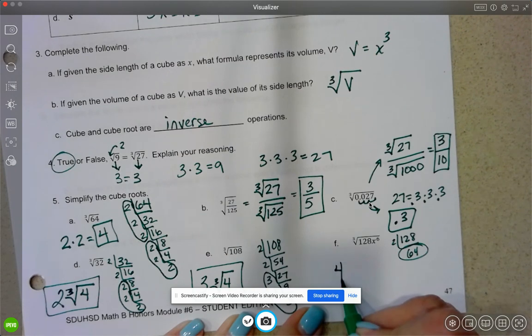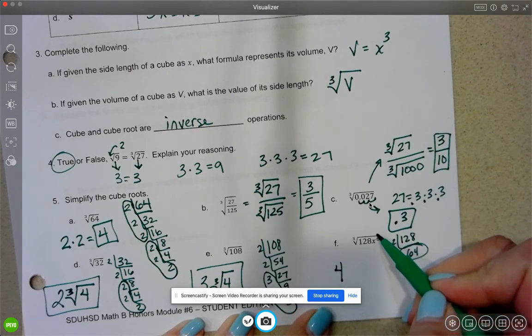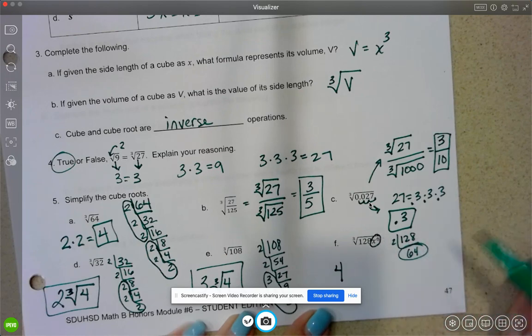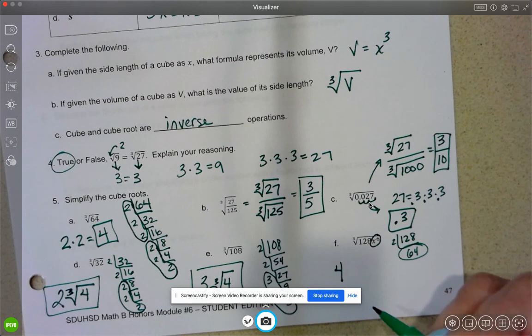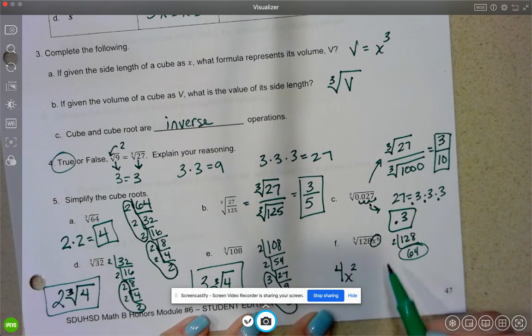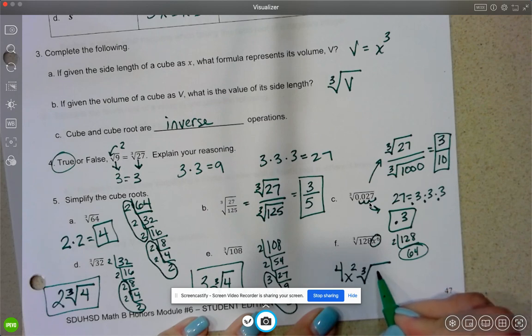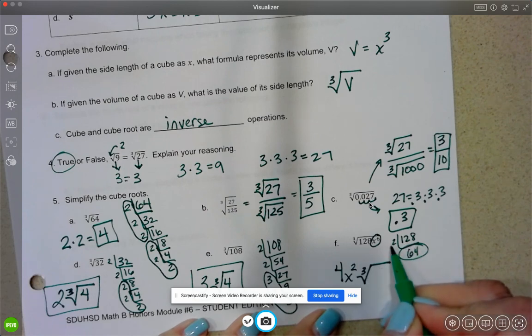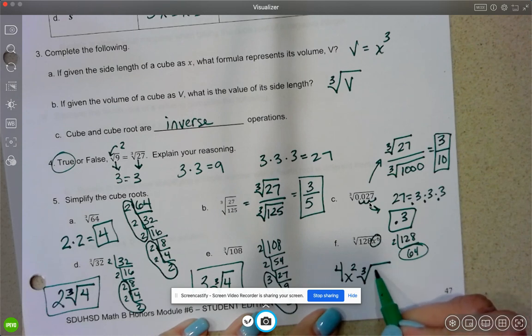So the 4 is going to go on the outside. And when I look at this x to the 6th, I need to know how many groups of 3 x's can come out. So since I have x to the 6th, I actually can take 2 of those groups of 3 out. And then what's left inside? Well, I have cube root of, and then what's left inside? Just the 2. The 2 is left over.